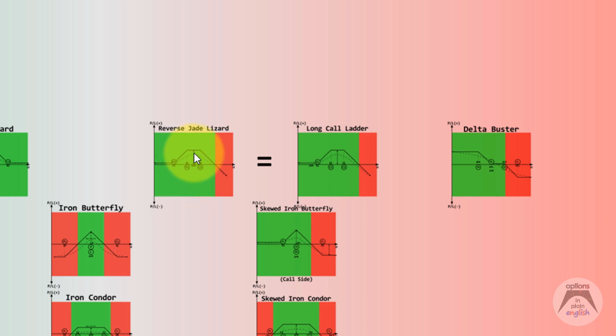Because of this, you're going to take no risk to the downside, and all the risk is going to be on the upside. This strategy is exactly the same as a long call ladder, which is basically a long call spread financed with a short call at a higher strike price.